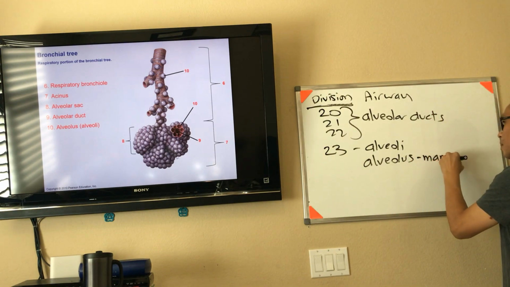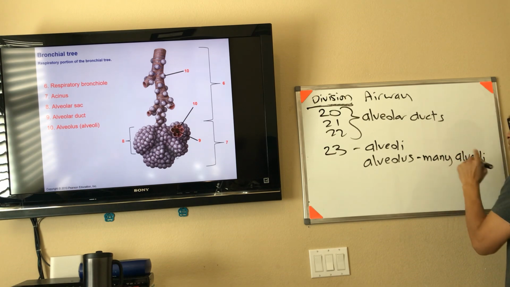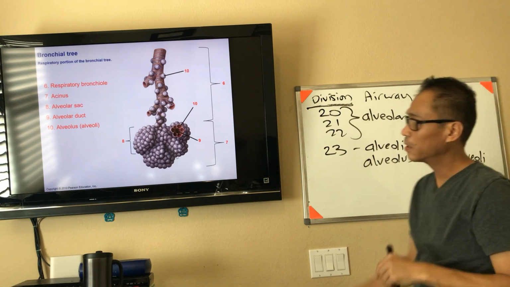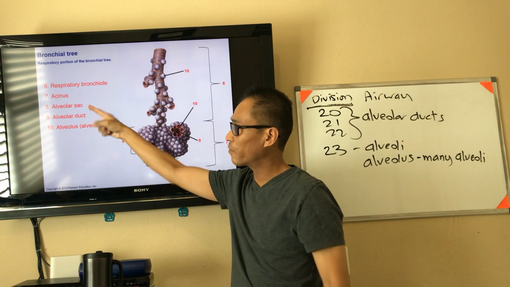But many alveoli, I think of it as grapes. Like one grape is an alveolus, but many grapes, a cluster of grapes, makes this structure here called an alveolar sac.